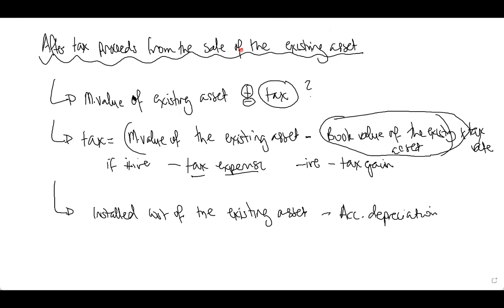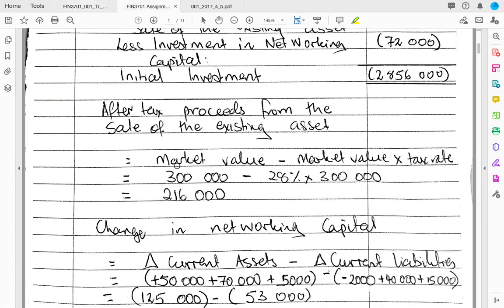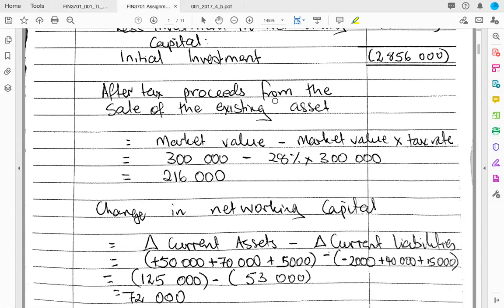So now let's go back to our solution and see how we can finish that off. Like I said, the after-tax proceeds from the sale of the existing asset is simply equal to, like the template I was just giving you, the market value minus the tax.